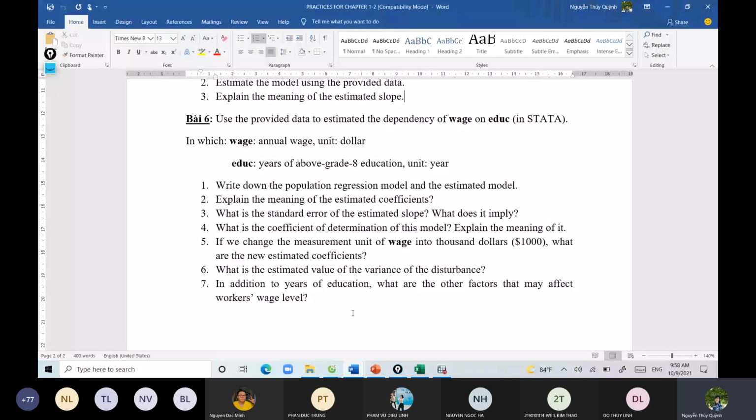That model, which has more than one independent variable, we call the multiple regression model, or the multiple variable regression model. And that will be the thing we will study in chapter 3. That will be the content of this lecture.